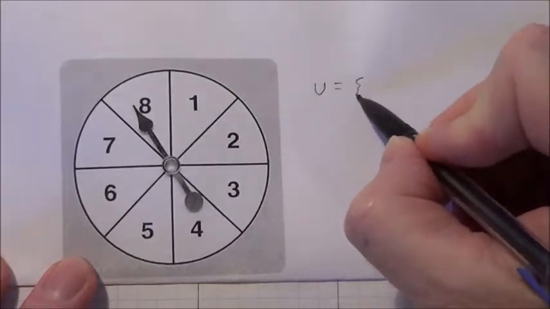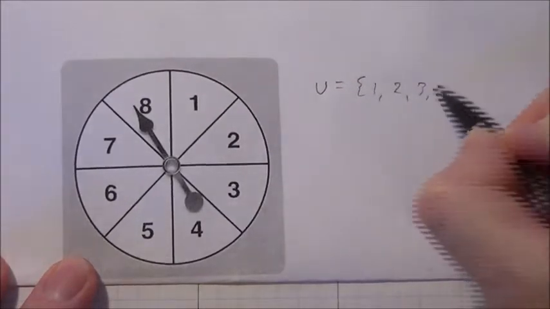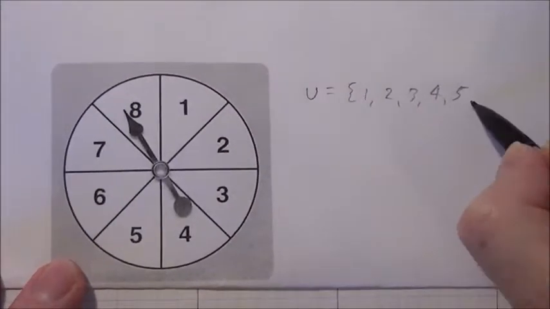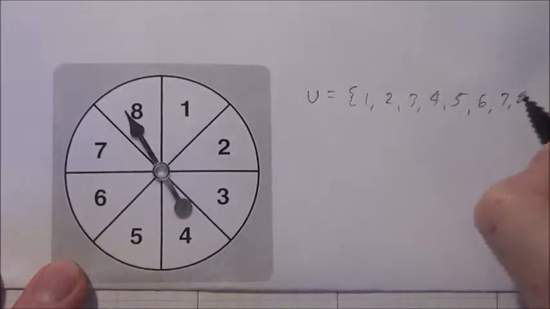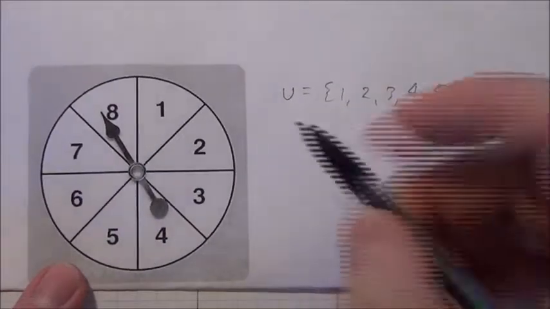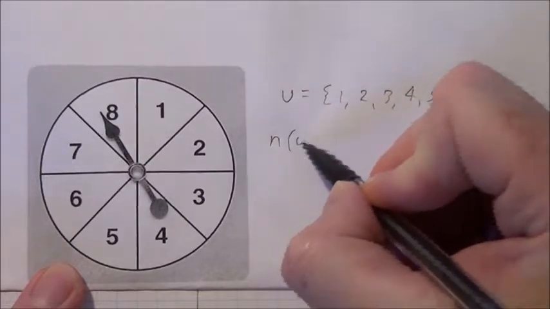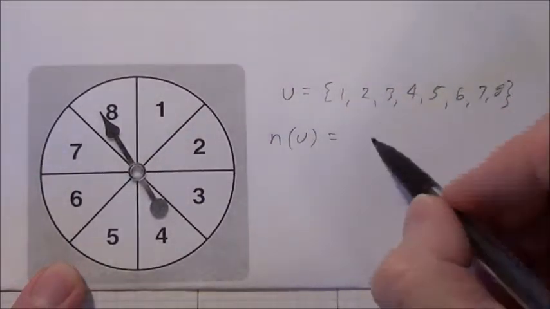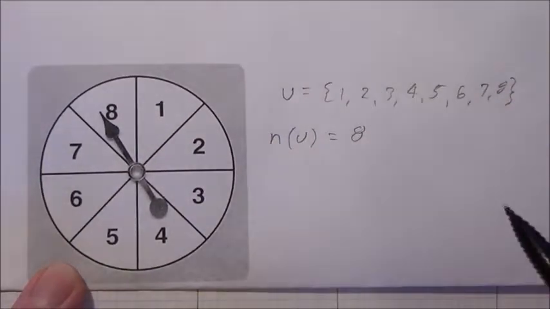So the universal set would be 1, 2, 3, 4, 5, 6, 7, and 8. The number in the universal set, of course, would be 8.